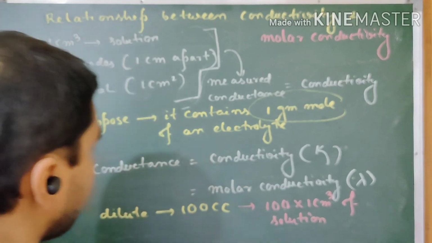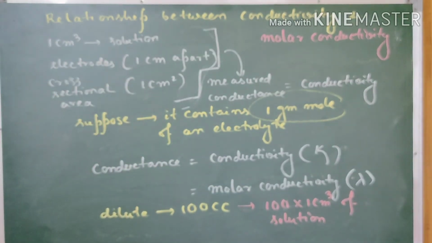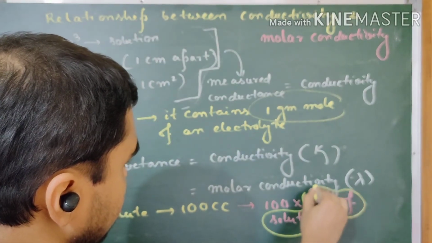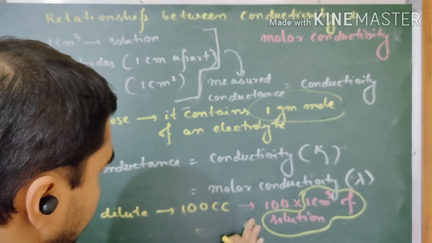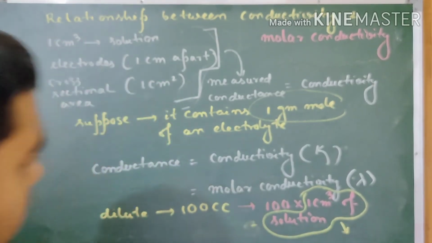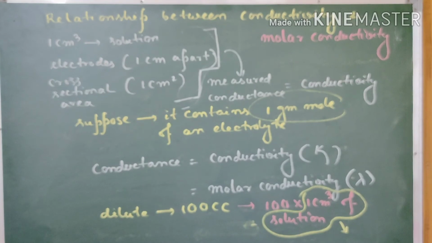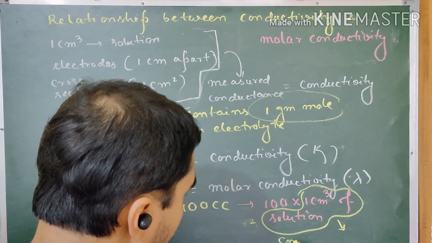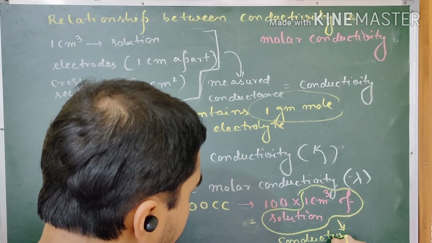And the conductance of each 1 centimeter cube will be conductivity, so that the conductance of the solution will be 100 times its conductivity. If we write separately, I don't know whether it is visible or not, it should be its conductivity.